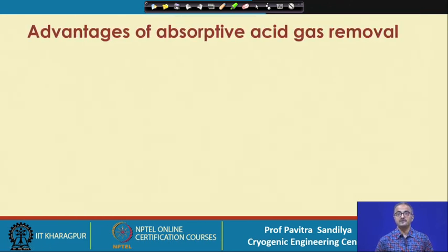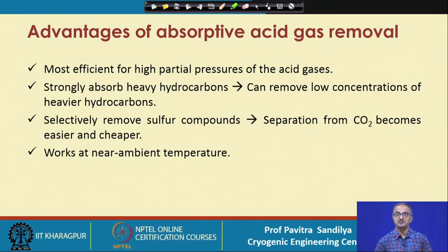Now, the advantages of absorptive acid gas removal in comparison to other processes like adsorption, membrane, etc. are that they are most efficient for high partial pressure of the acid gases. That means if the amount of acid gases comes down, they may not be that economical.